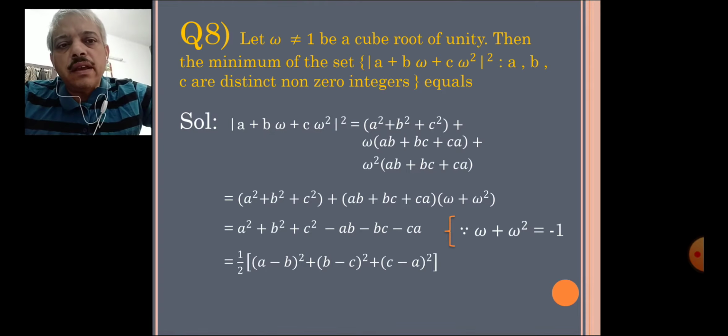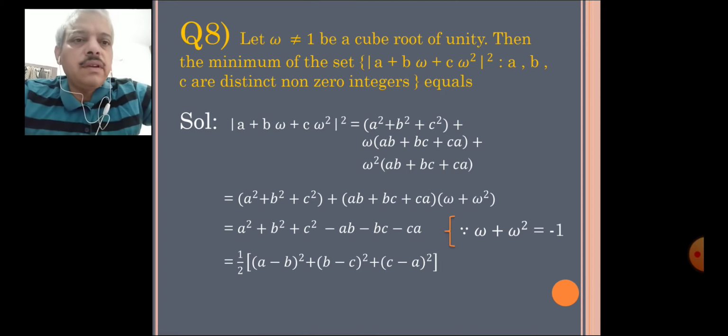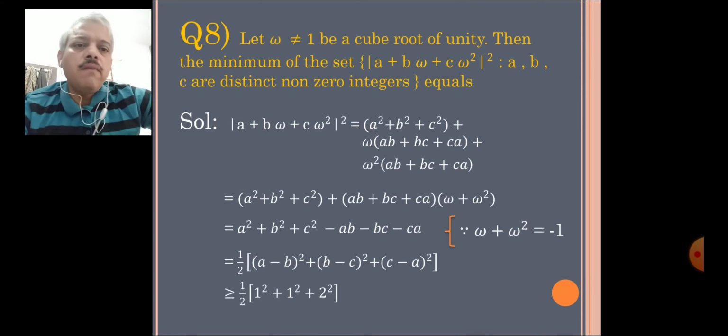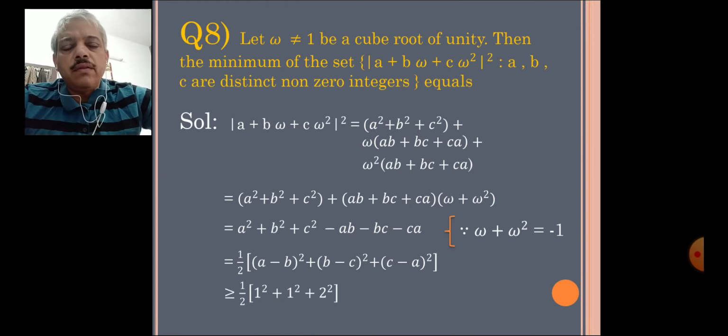Or we can take a is equal to 10, b is equal to 11 and c is equal to 12, that means consecutive integers. So if we take, a minus b will be 1 square, b minus c whole square will be 1 square and c minus a whole square will be 2 square. So 2 square plus 1 square plus 1 square is 6, and half of it is 3, so the minimum value is 3.